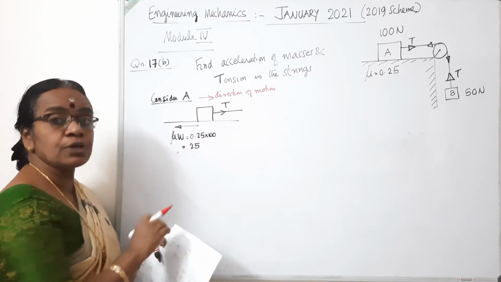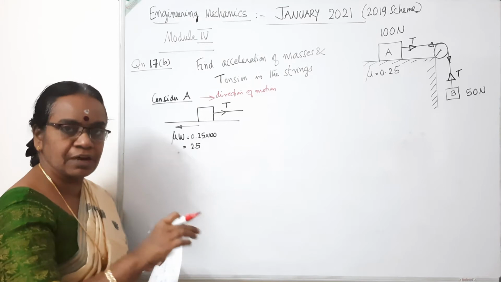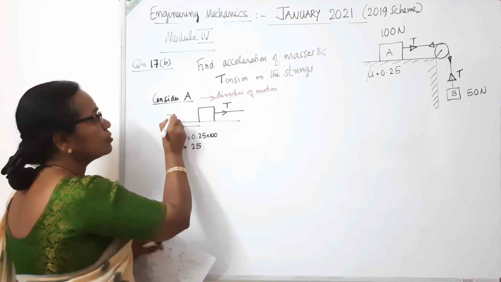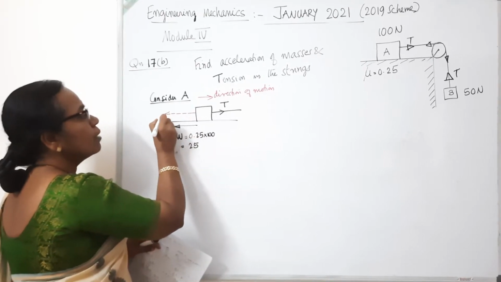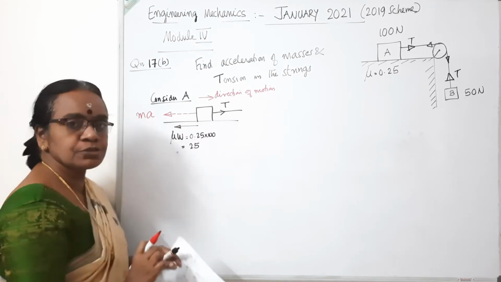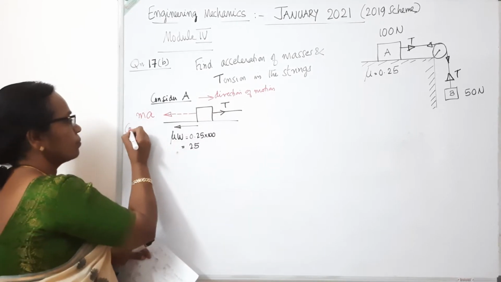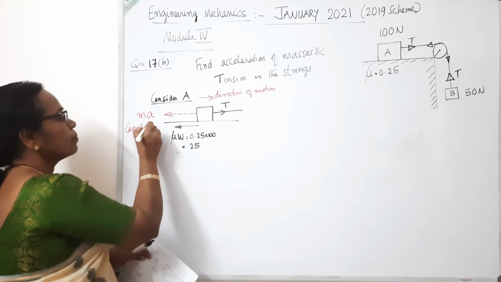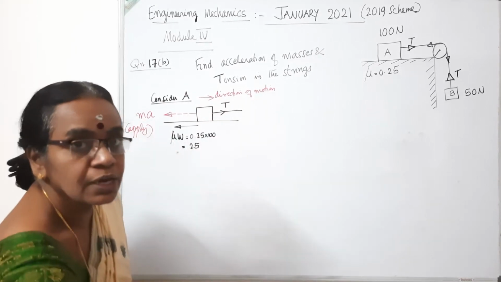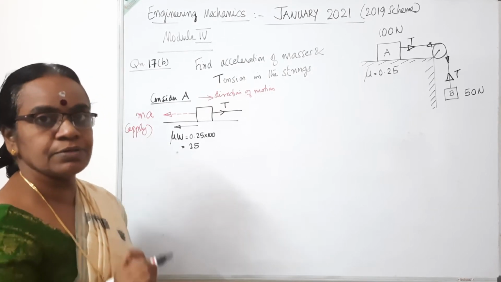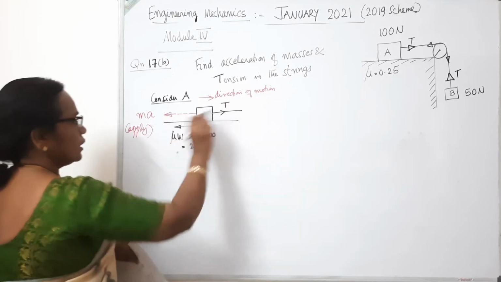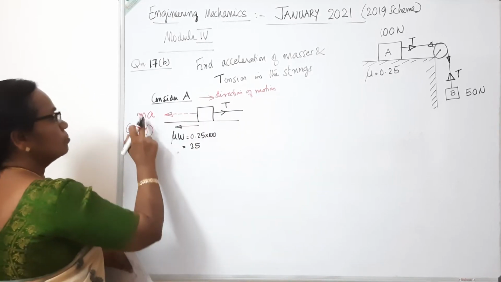Now I am going to apply D'Alembert's principle, which we have just discussed. Apply the inertia force, which is equal to mass into acceleration, opposite to the direction of motion. Now this system is in equilibrium, so you can consider sigma H equal to 0, or sigma Fx equal to 0. Considering the equilibrium equation, T towards right, minus mass into acceleration.